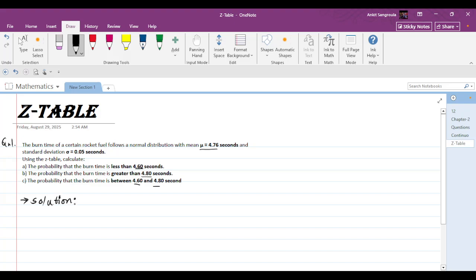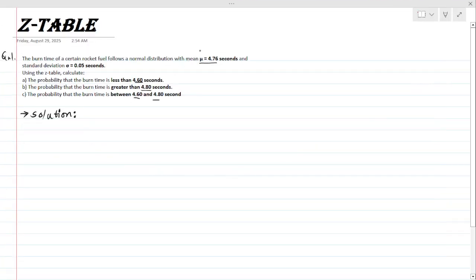So how do you solve this question? In order to solve it, first of all, we need to know the formula of Z. First, we'll state the given values, as that will be much more effective.